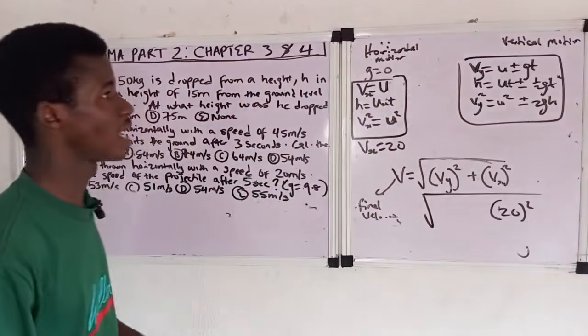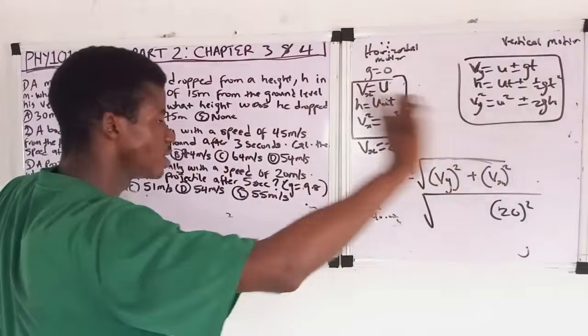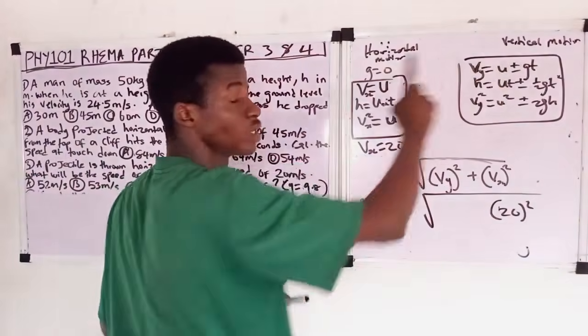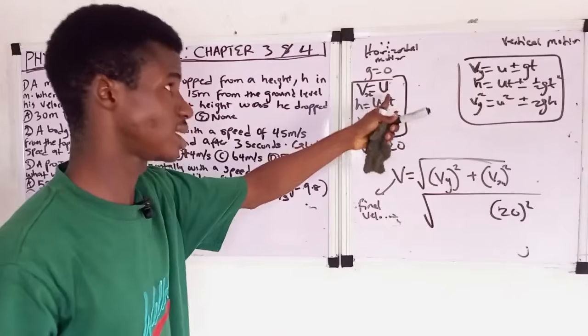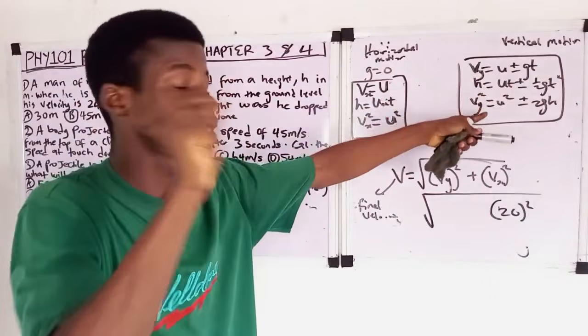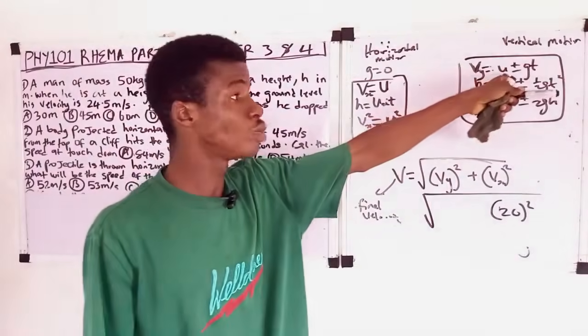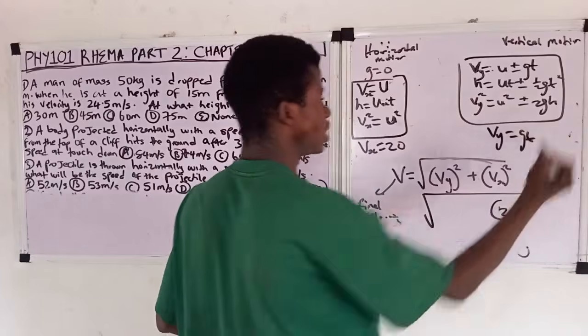Now what about vy? They said the projectile is thrown horizontally with a speed, so this u is the horizontal velocity. The horizontal velocity is 20. They even mention horizontally. Did they mention vertically here? No. So u here will be 0. Therefore, vy will be gt.